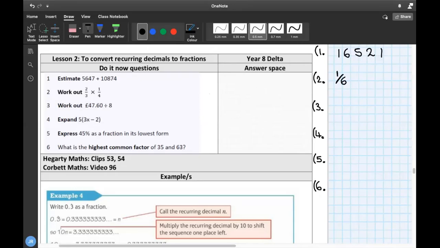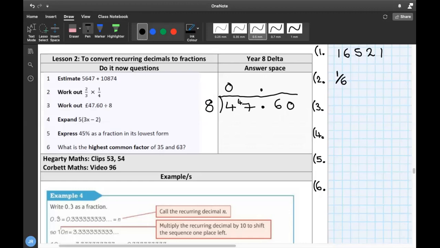Okay, well, now we've got division. So we've got 4760 divided by 8. So we're going to use the bus stop method again. We've got 47 pounds 60, and we're dividing that by 8. Put my decimal point in here. We now need to think how many 8s fit into 4. We cannot fit any, so we join those up. We've now got 47. 8 times what gives us 47?